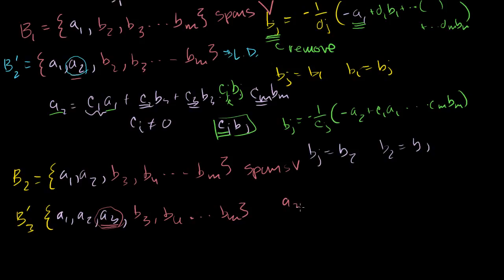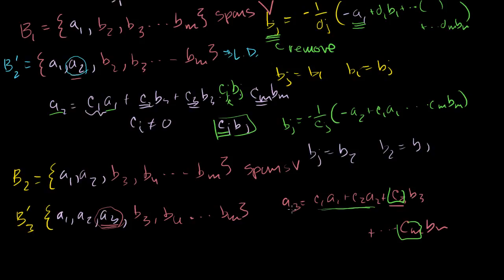So you could say a3 is equal to some a1 plus some a2 plus c3 b3 all the way to cm bm. And we know that at least one of the coefficients on the b terms has to be non-zero. Because if all of those were 0, then you would be saying that a3 could be a linear combination of the a terms.